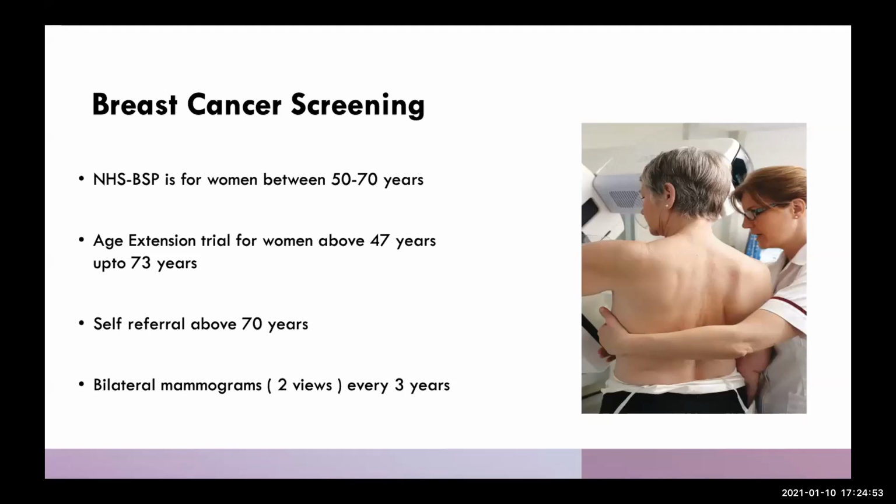This is part of the age extension trial to assess whether extending screening to this age group would be of any benefit. In those areas where screening stops at 70, ladies do have the privilege to self-refer for mammograms every 3 years after they've crossed the age of 70 years.